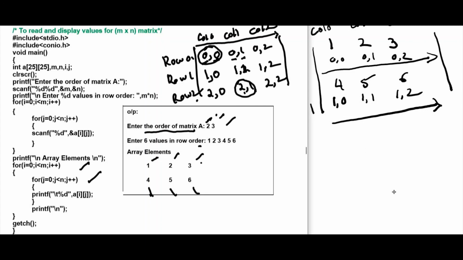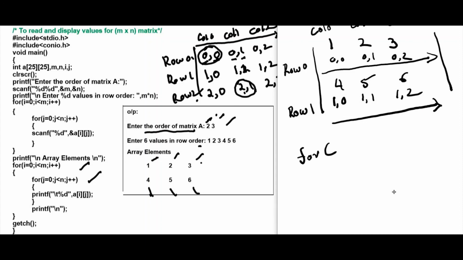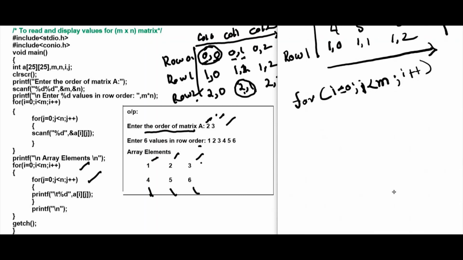As I have already explained, the outer for loop we are going to use for rows. So i is going to start with 0. It is going to execute till the end of the row. This for loop will execute till the end of the row.